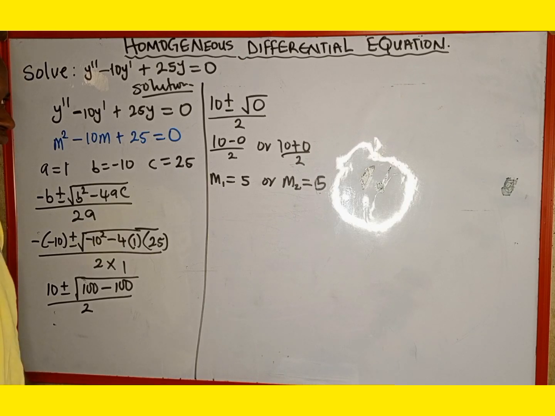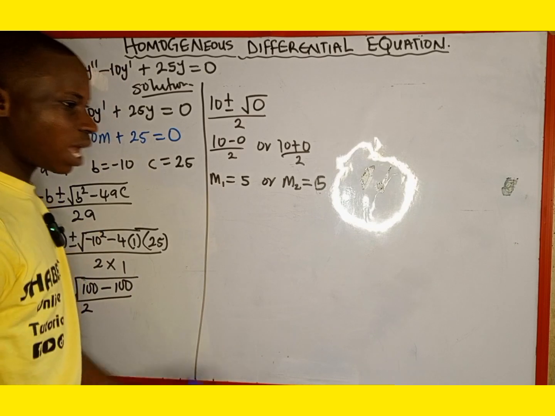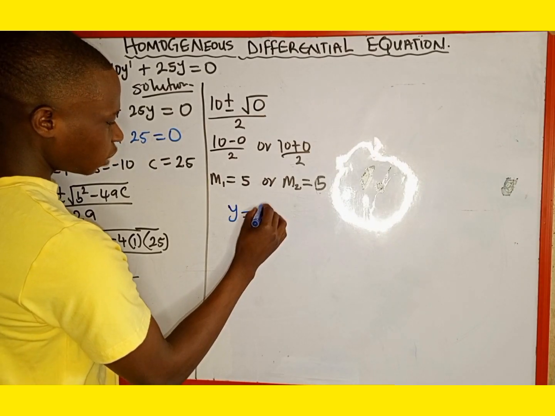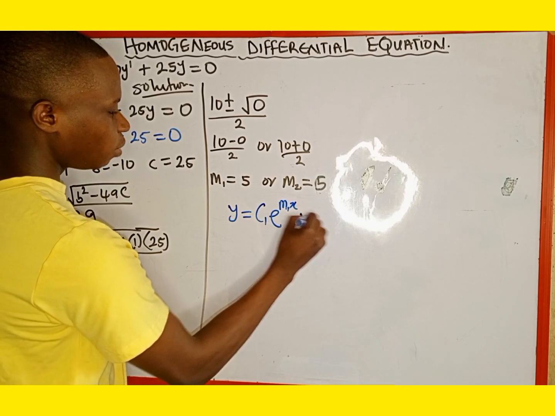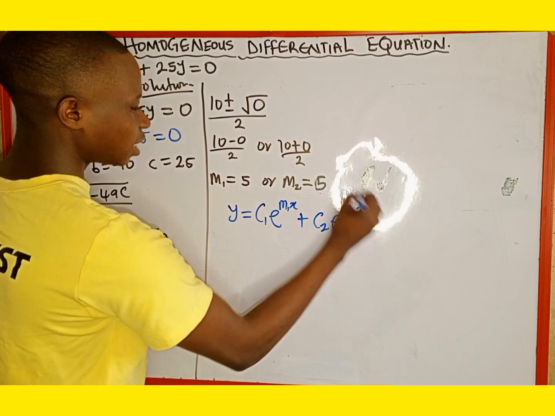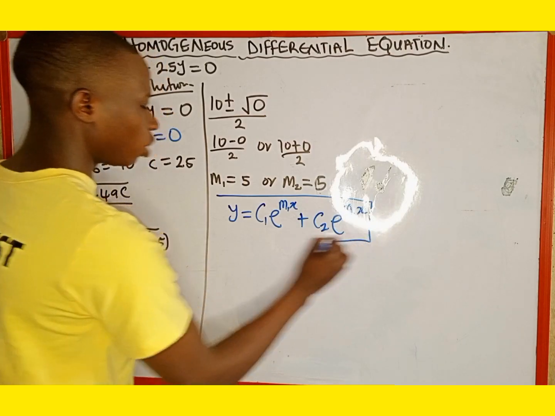Recall that in our last class, the general solution we use when the roots are unequal is y is equal to c1 e to the power of m1x, then plus c2 e to the power of m2x. This is the case when the roots are unequal.